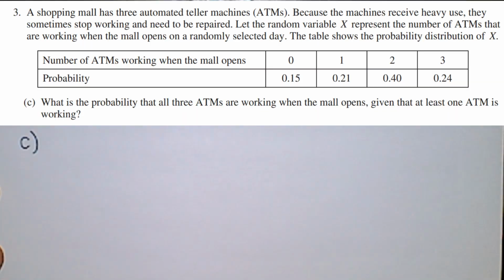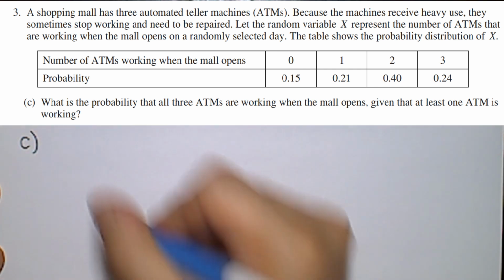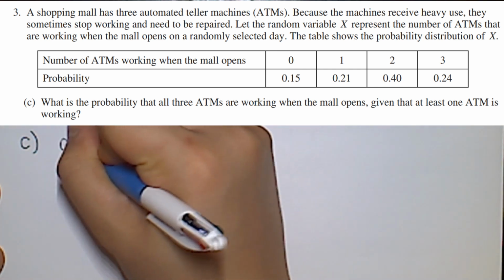Part C. What is the probability that all 3 ATMs are working when the mall opens, given that at least one ATM is working? So the word given, that's the condition part. So this is known as conditional probability.